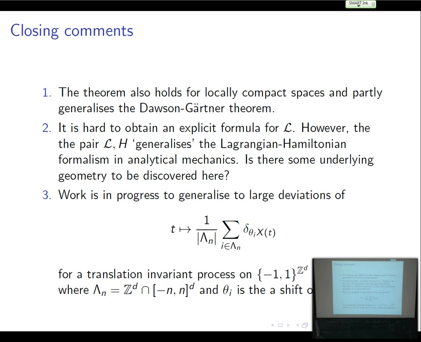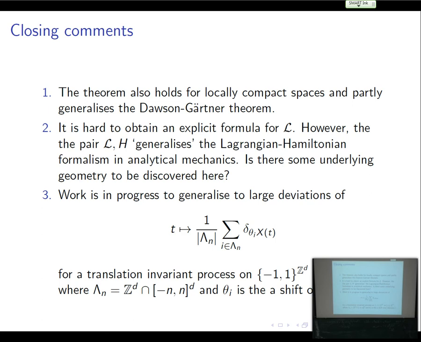In my conditions, I needed that my semi-groups S_t and V_t were strongly continuous on the space D. This would imply that, compared to the Dawson and Gaertner theorem, I can only prove it if, let's say, the drift and the diffusion matrix are sufficiently differentiable. Of course, the Dawson and Gaertner theorem is valid more generally, so there is something to gain here. But still, it gives a general approach that at least goes in the right direction.